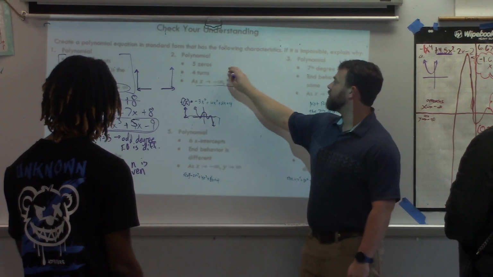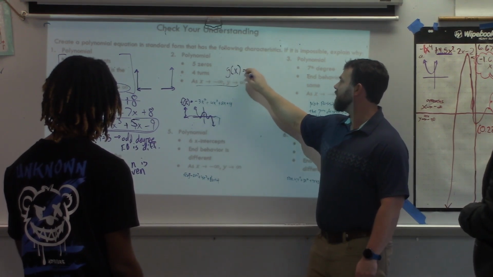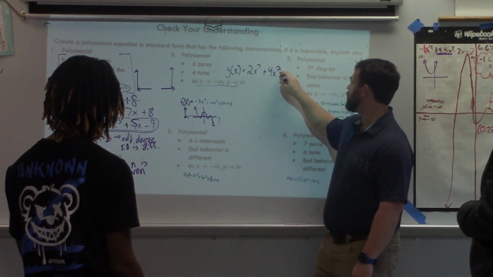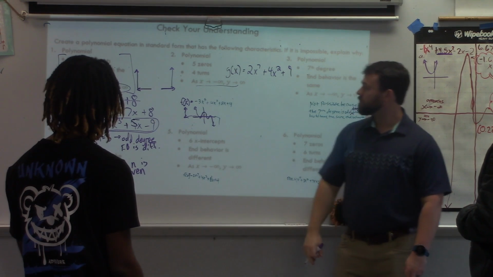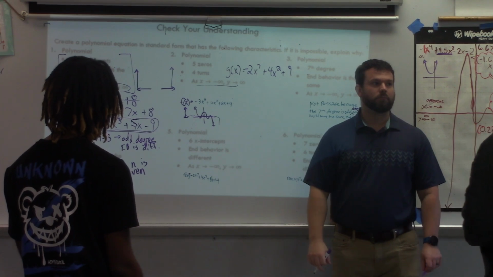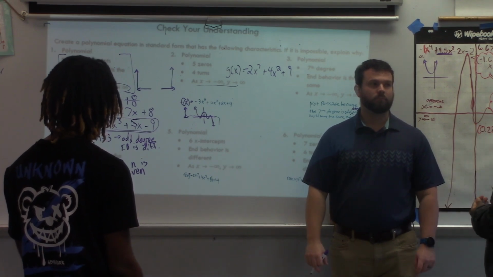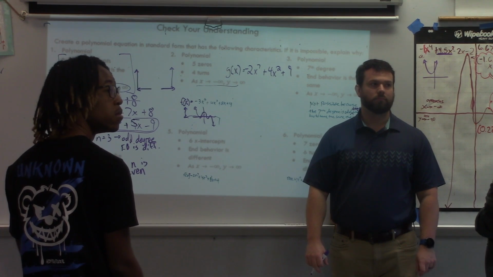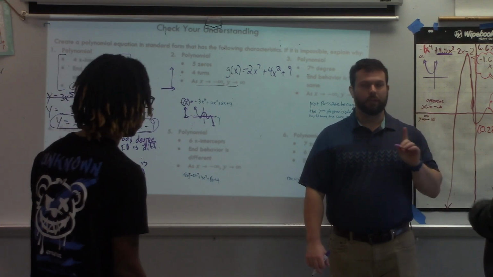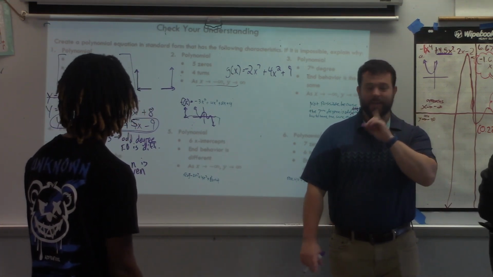Could this function have been something like x to the 7th plus 4x squared plus 9? Yeah. Because if you did that, it will have 5 zeros, but 2 of them will be imaginary roots. Be careful, I need you to think about it, and be attentive to this.